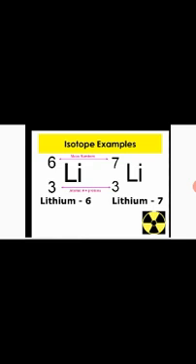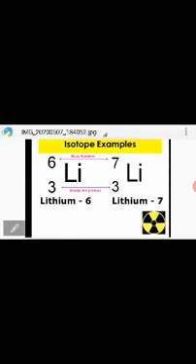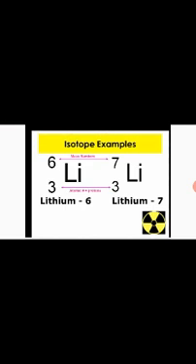So 6 minus 3 means 3 neutrons. In the left side lithium, there are 3 electrons, 3 protons, 3 neutrons, because 3 plus 3 in the nucleus is 6, that is the atomic mass of lithium.